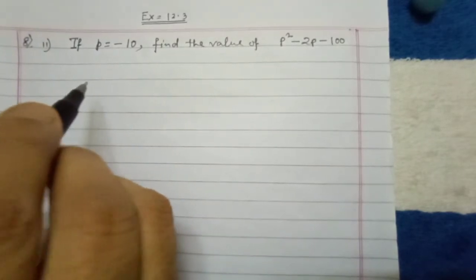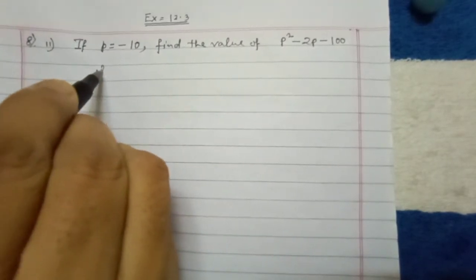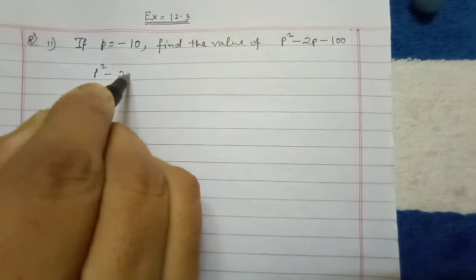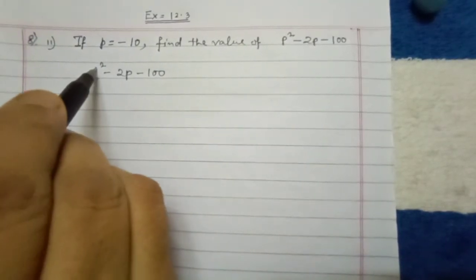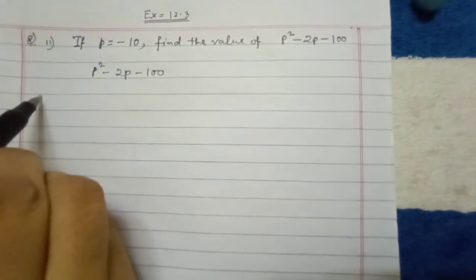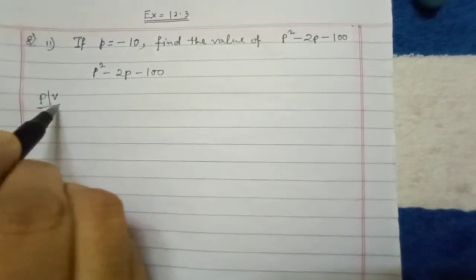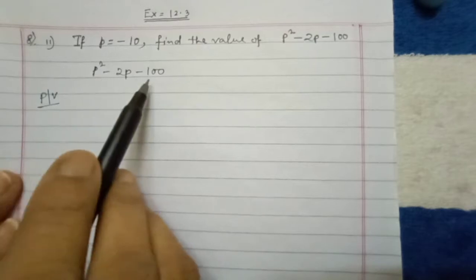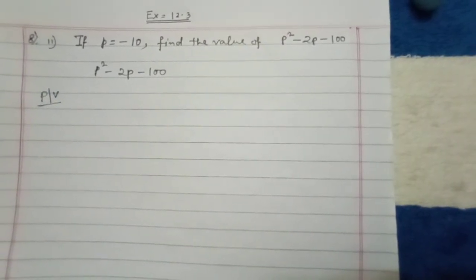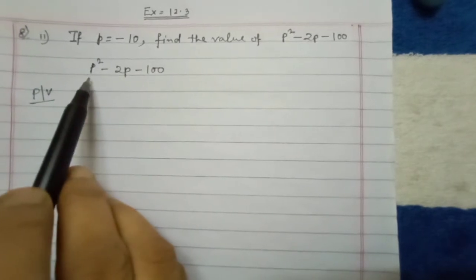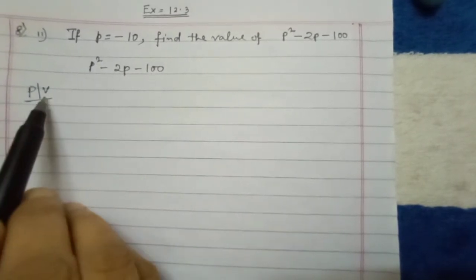Let's start. P square minus 2p minus 100. This is your expression. Now, you know that you have to put the value because there are no like terms. You can't do anything here. So after writing this expression, as no like terms are there, you have to put the value.